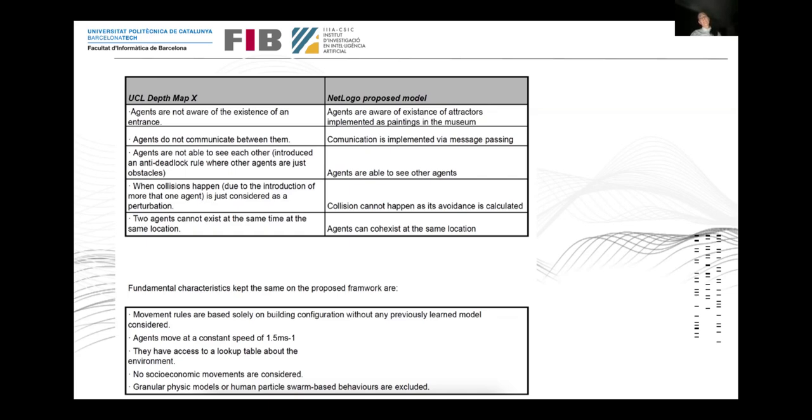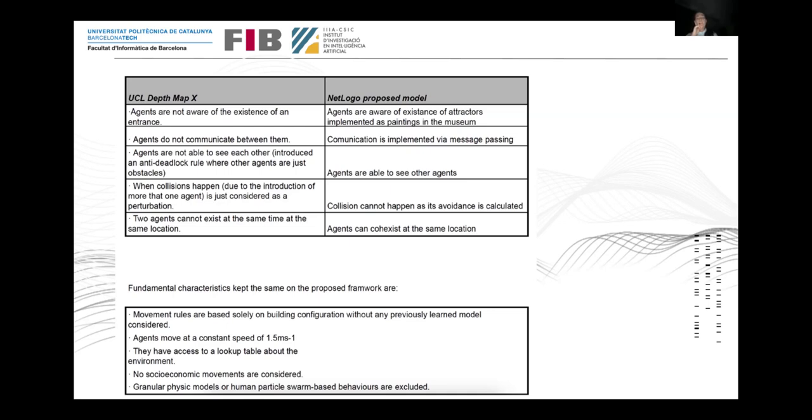Blackboard message passing was discarded because we were willing to keep very rigorous the idea of the agents not having a map of the environment a priori. Agents, in our case, were able to see other agents, so no rule for avoiding collision was introduced because they were aware of themselves and others. And also the possibility of agents coexisting on the same location was implemented.